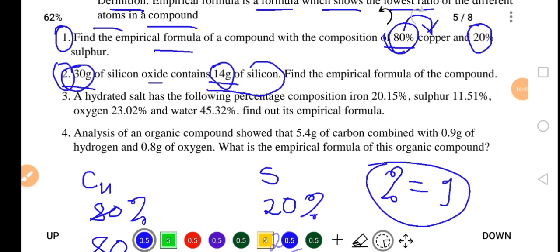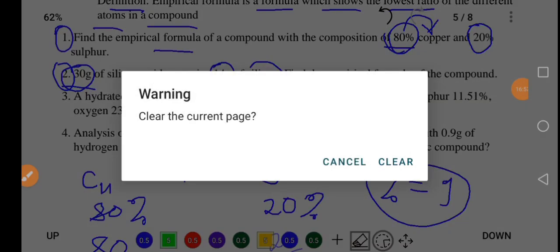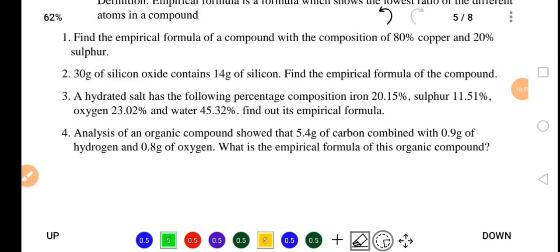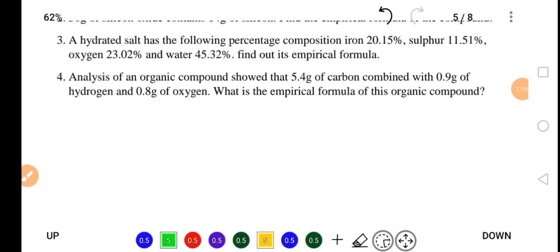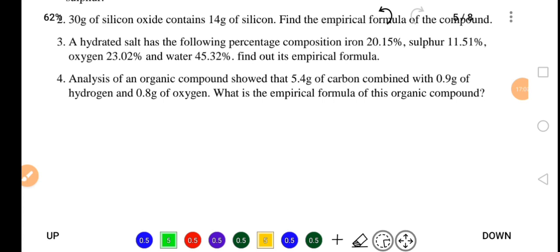Since this is silicon oxide, meaning in this compound we have silicon and oxygen. So what are we going to do? Again, we are going to calculate. We need to find first the mass of silicon and the mass of oxygen.